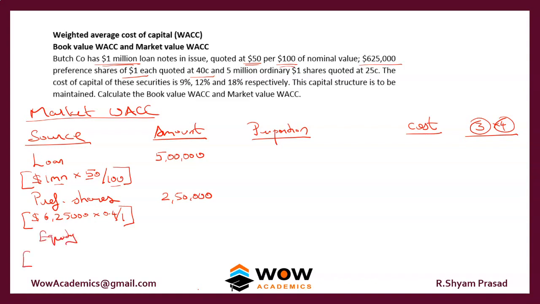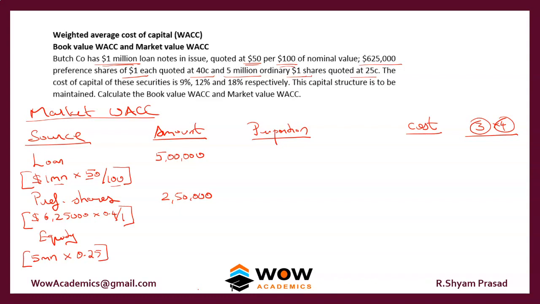Then we have the equity. Equity is 5 million shares. Sorry, its nominal value is $1 and it's traded at 25 cents. So we have 5 million shares trading in the market at 25 cents.